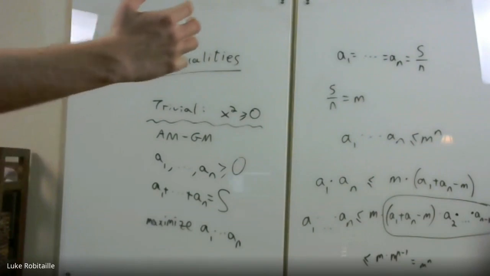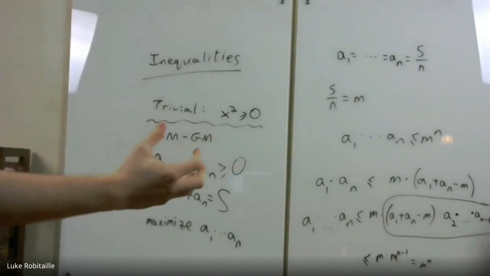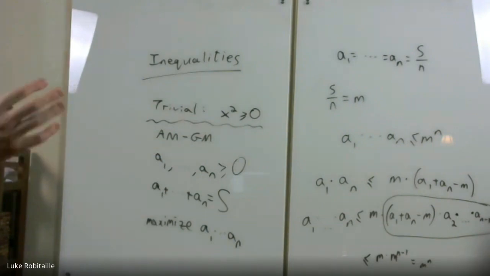And so you just move them one by one to the mean, and you repeat it. If you repeatedly do that in the right way, you get what you want.